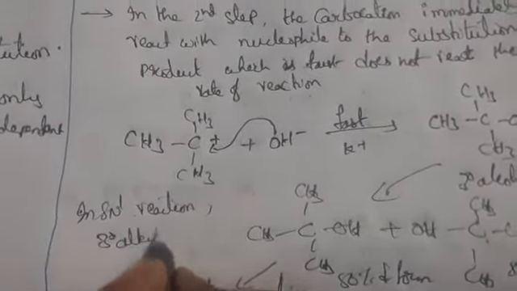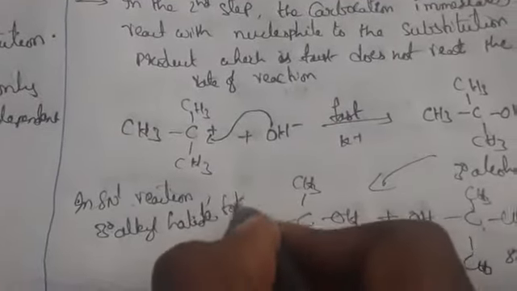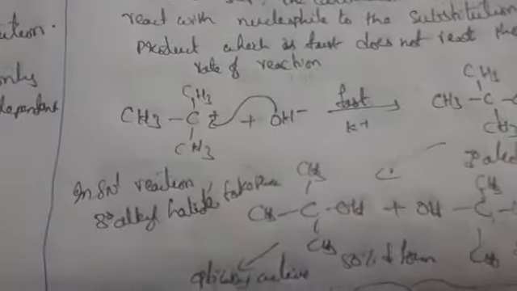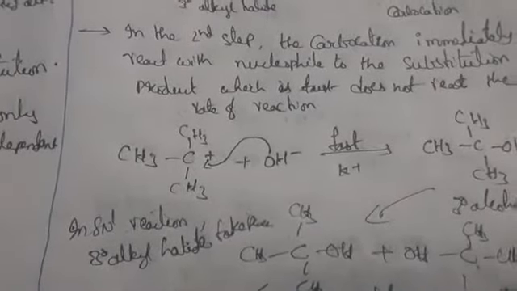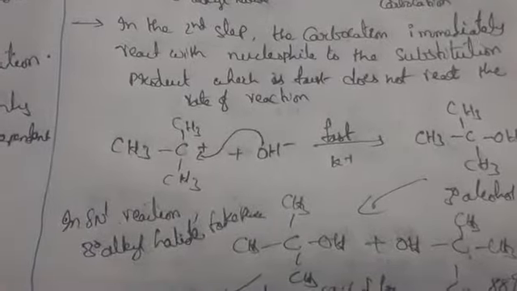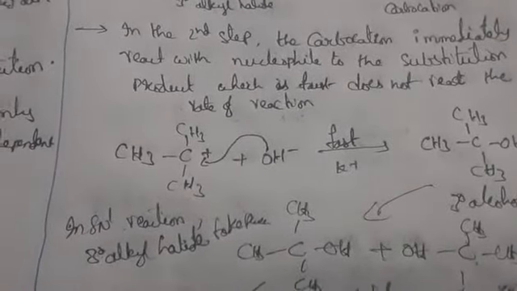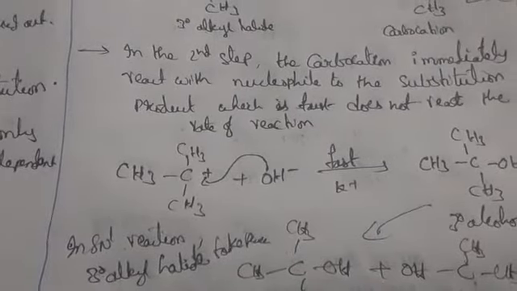Tertiary alkyl halide takes place. Okay, these are polar solvents, this mechanism is initiated by polar solvents like water, alcohol, aqueous organic solvents. Okay, by stabilizing the ion by solvation. So this is nothing but what we can say SN1 reaction.